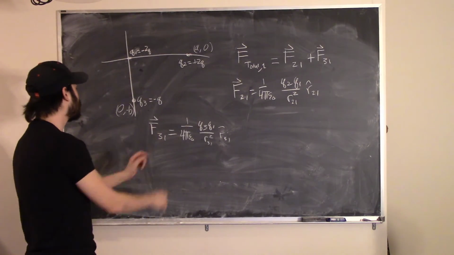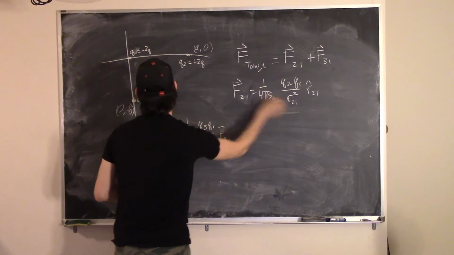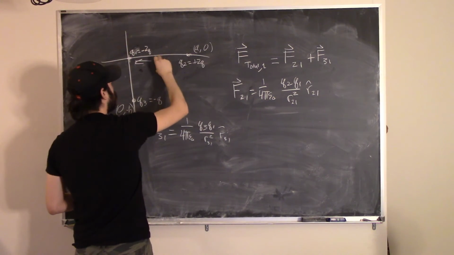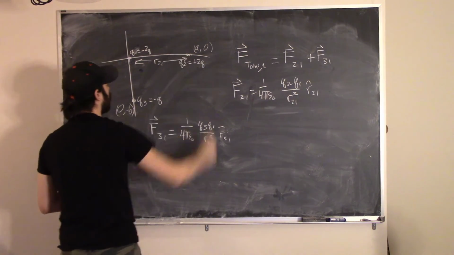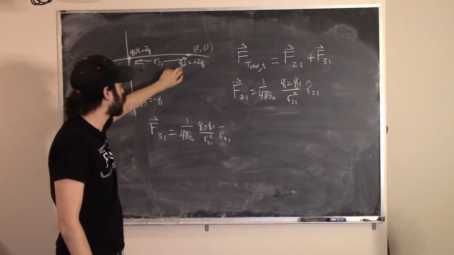That's just going to be the distance from charge 2 to charge 1. So this distance is R21. That distance we know because we know where charge 2 is.